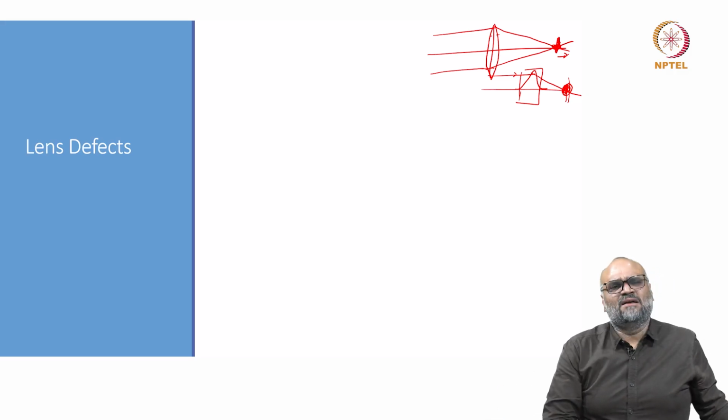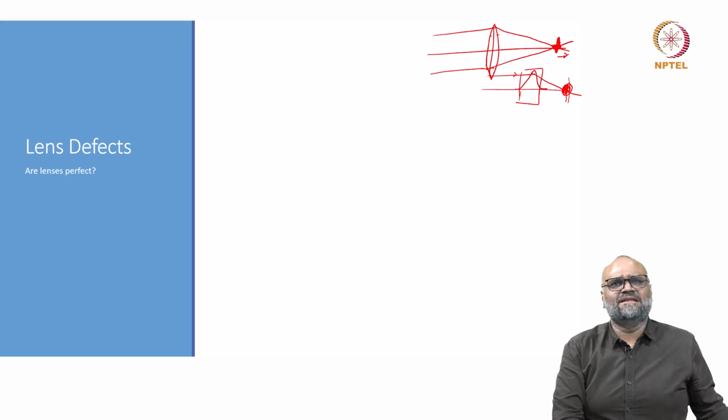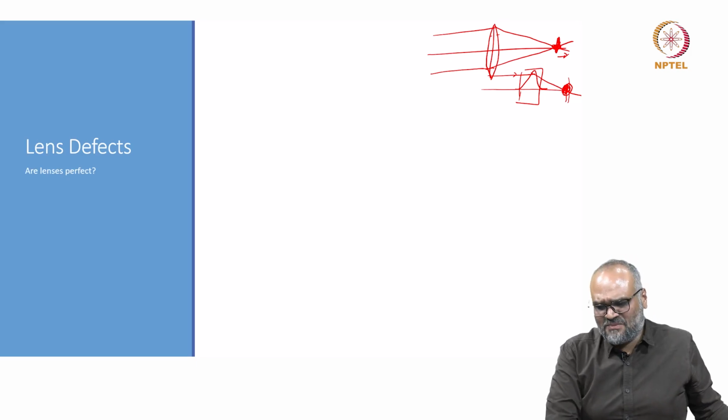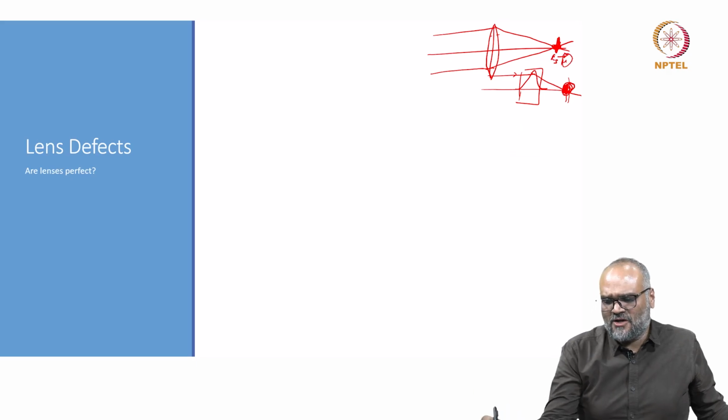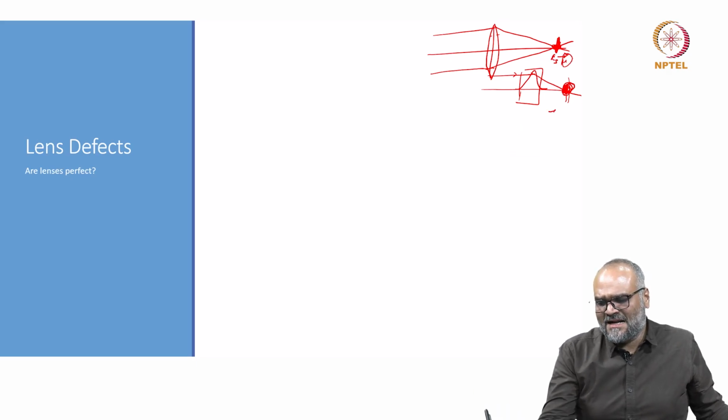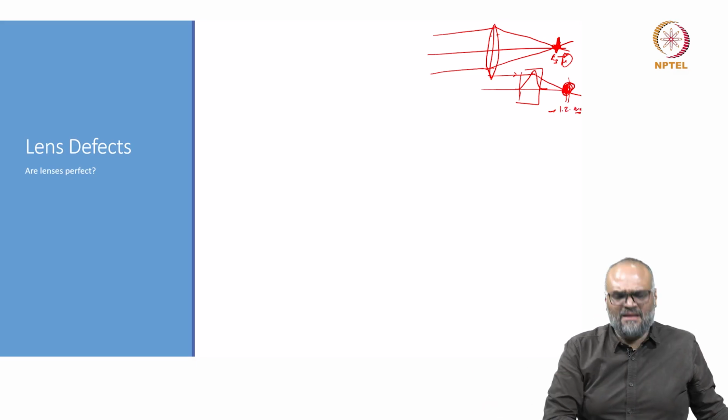So if I look at how perfect the lenses are, they are actually not perfect. If I physically fit in a value for this, the order of the spherical aberration is in the range of a few micrometers for an optical lens, whereas for an electromagnetic lens it is of the order of 1.2 to 1.5 millimeters.